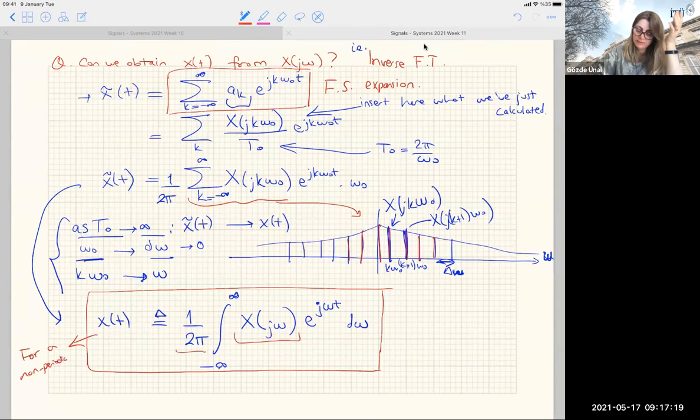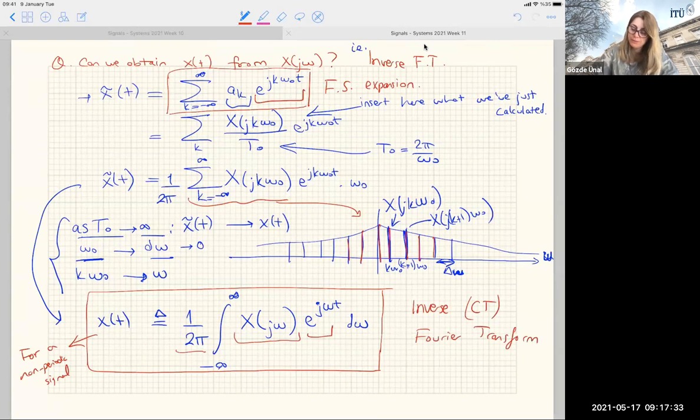And these are the basis functions, similarly to before. This is called the inverse continuous time Fourier transform. It helps me go from X(jω) back to x(t).